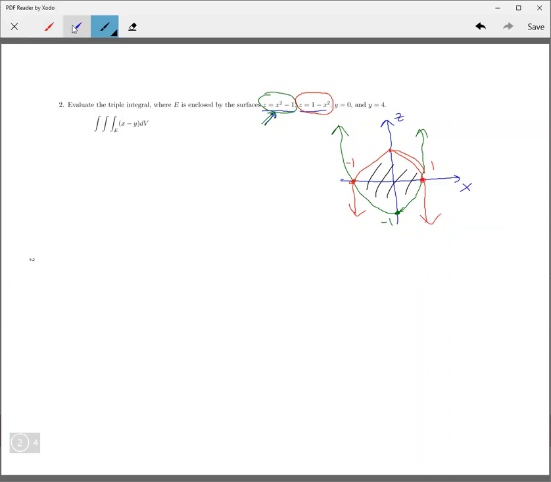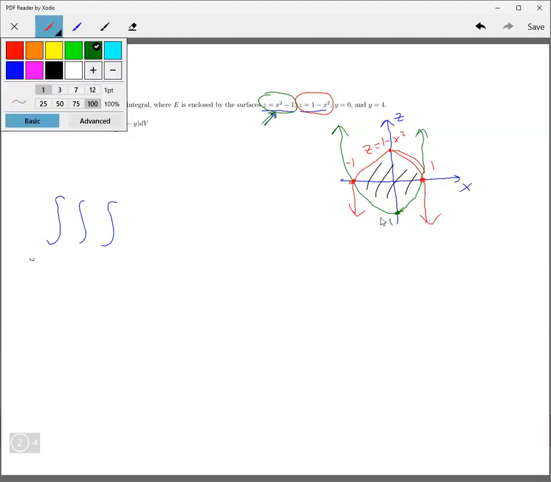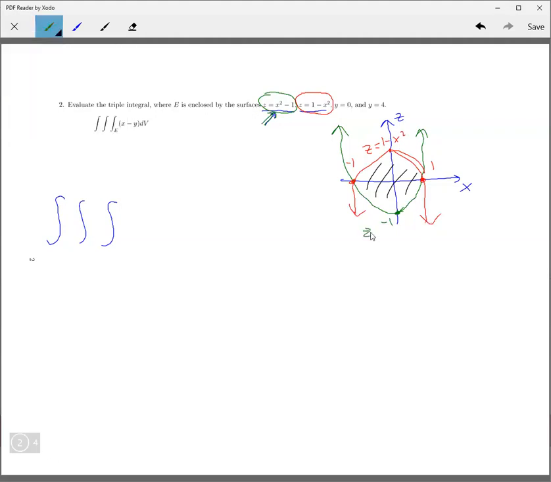And so now we're ready to set up the integral. Okay, so we have the top one is z equals 1 minus x squared, right? And this bottom one is z equals x squared minus 1.